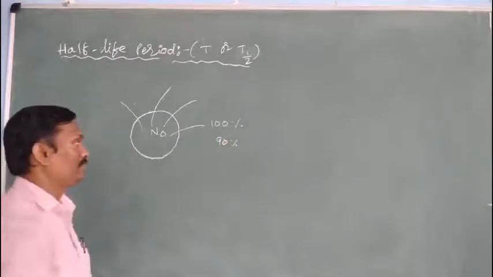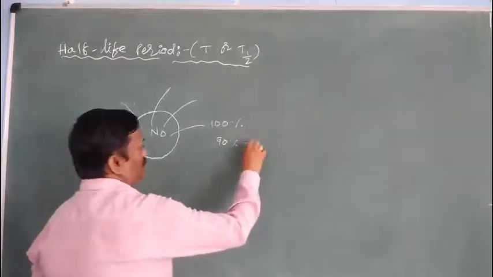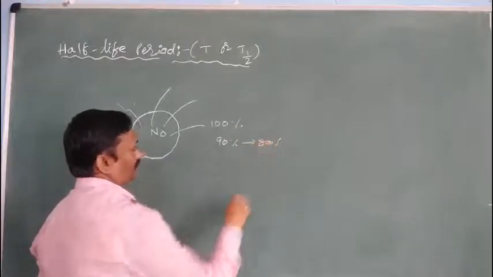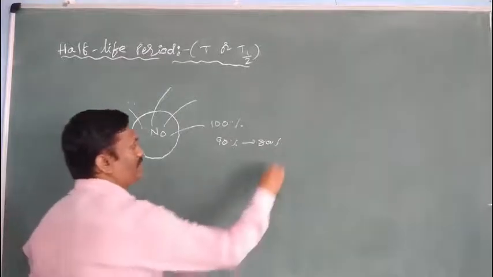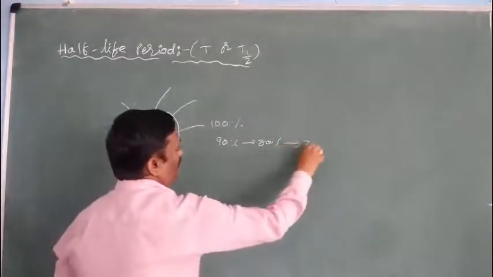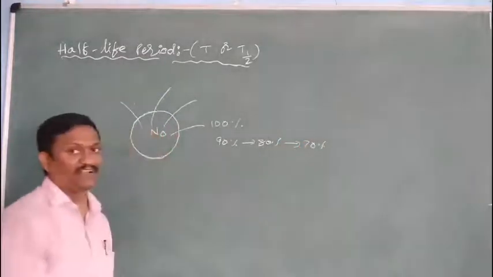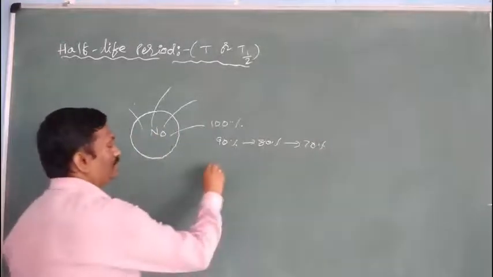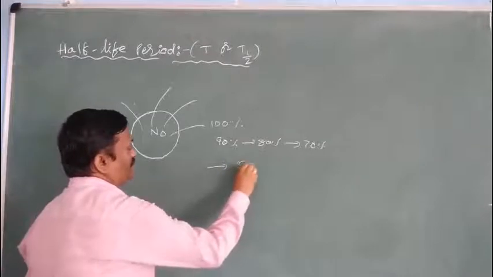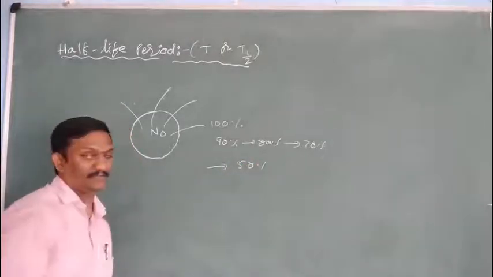After some more time, it becomes 80%. After some more time, it becomes 70% of the initial number of atoms. After some more time, the present number of atoms becomes 50% of the initial number of atoms.